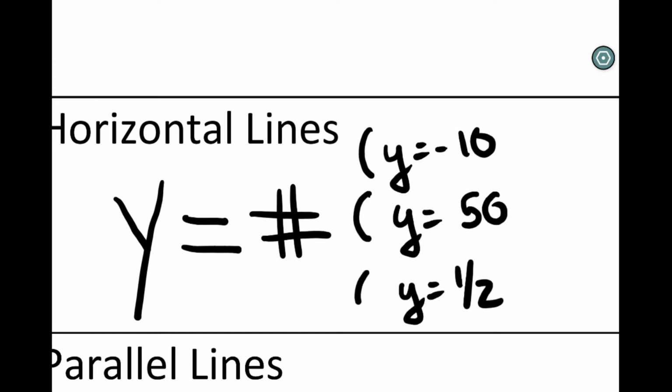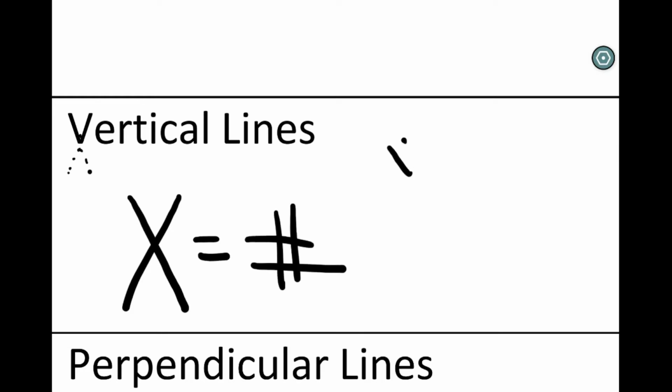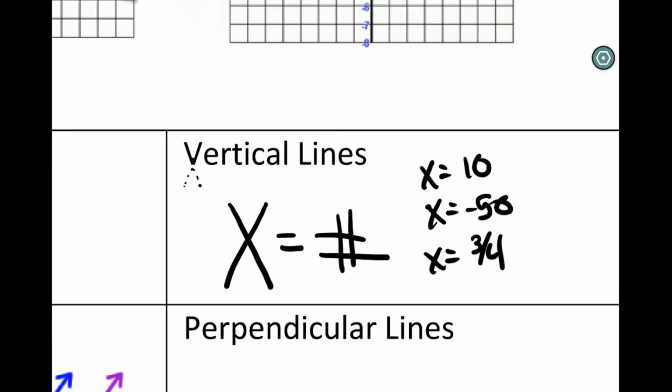These are all horizontal lines. Vertical lines are always x equals some number. So x equals 10, x equals -50, x equals 3/4 are all vertical lines, just one letter for each of them.